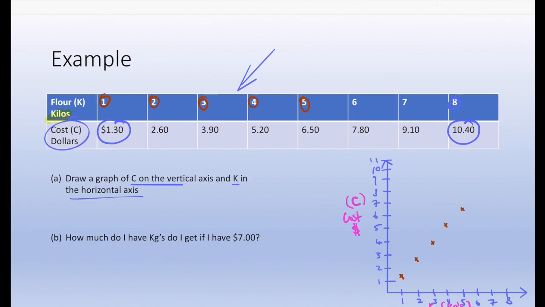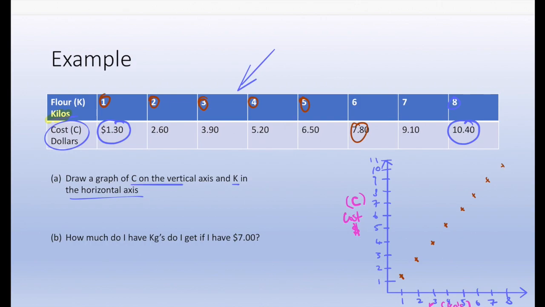At 6, $7.80, so it's almost $8, so there we go. At 7, $9.10, so just above $9, so there. And then at 8, we've got $10.40, which is just under the 11.